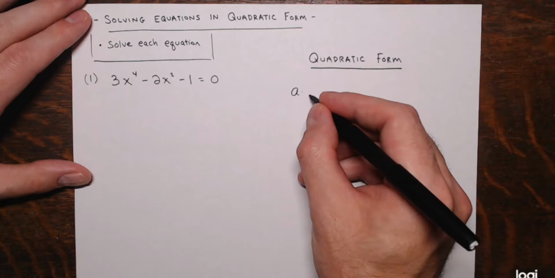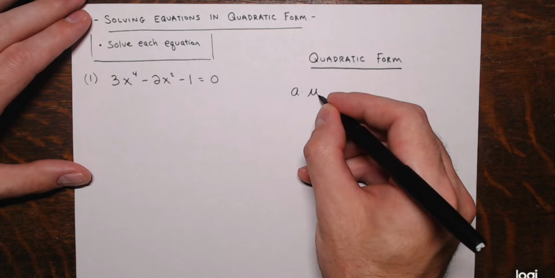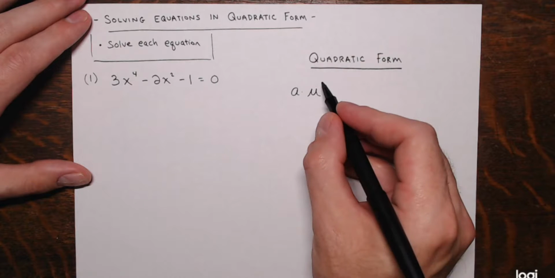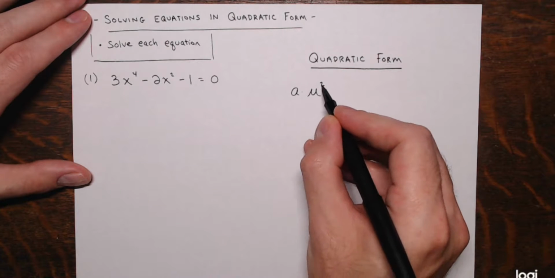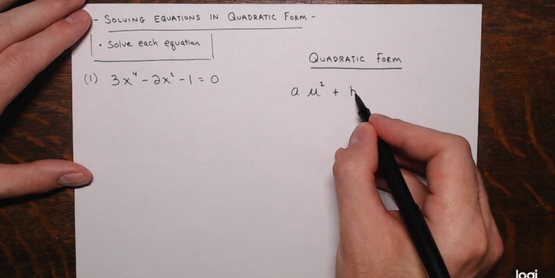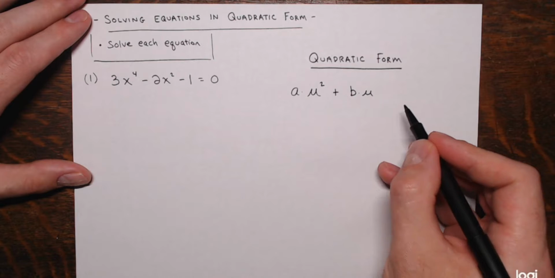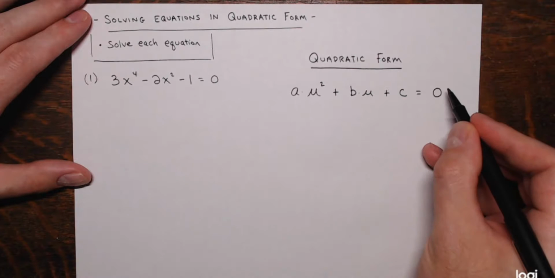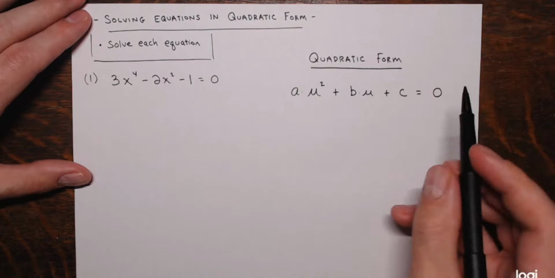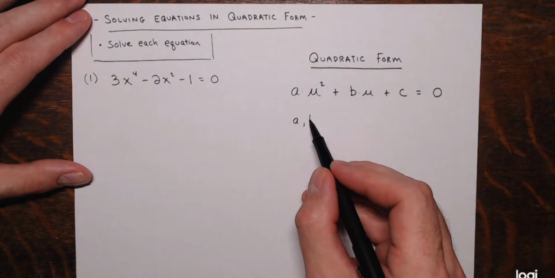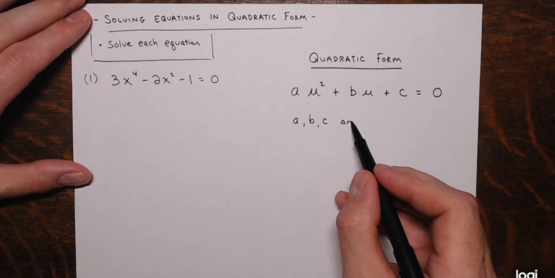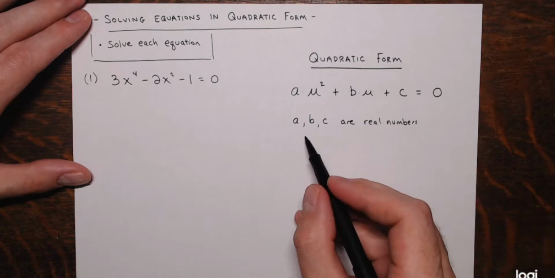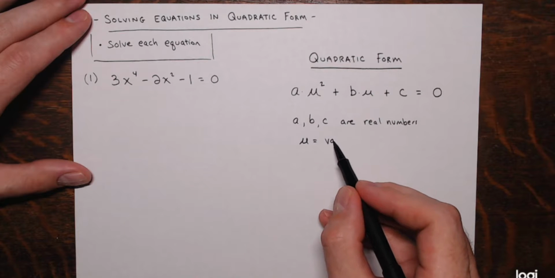A times some expression, which I'll use u to represent some variable expression. A times u squared plus b times u to the first plus c equals 0. This would be the standard quadratic form where a, b, and c are real numbers, just constants, and u equals some variable expression.